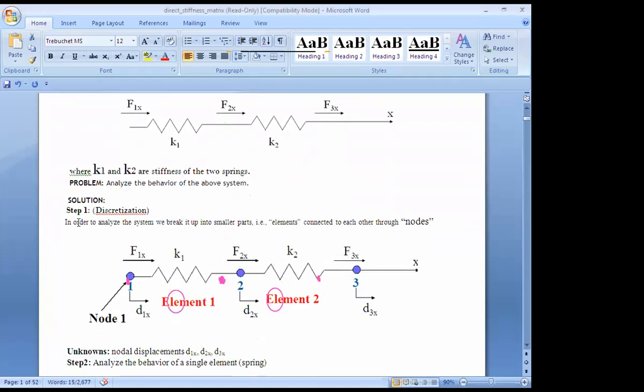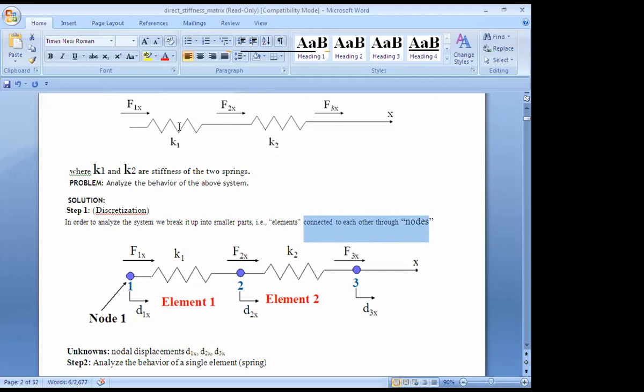So we shall break up this system of two springs into smaller parts, i.e. elements. And these elements will be connected to each other through nodes. So I have 2 springs. I'll break them into elements, so in other words, I'll have 2 elements.